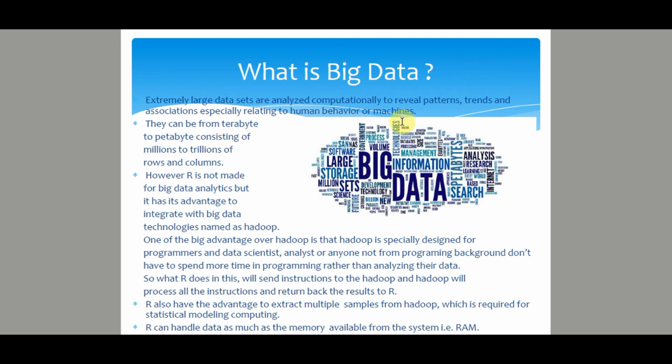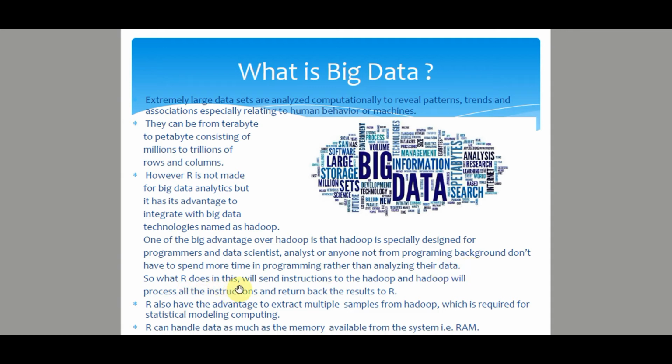However, R is not made for big data analytics, but it has the advantage of integrating with big data technologies such as Hadoop. One of the big advantages of R over Hadoop is that Hadoop is specially designed for programmers, and data scientists, analysts, or anyone not from a programming background do not have to spend more time programming rather than analyzing their data.